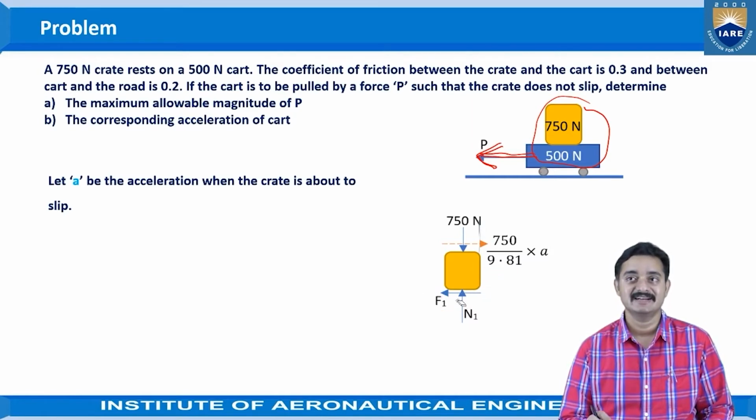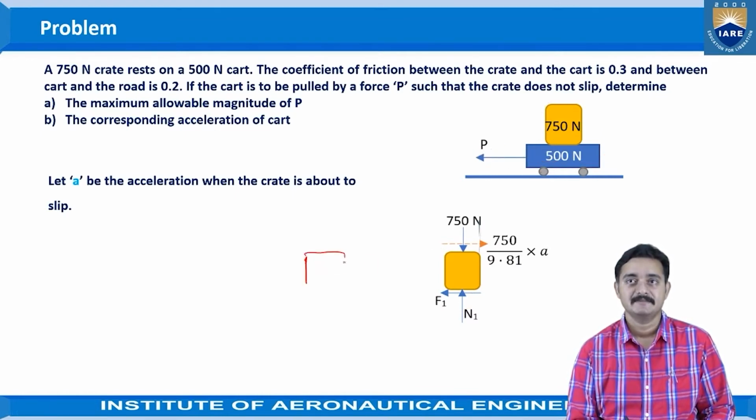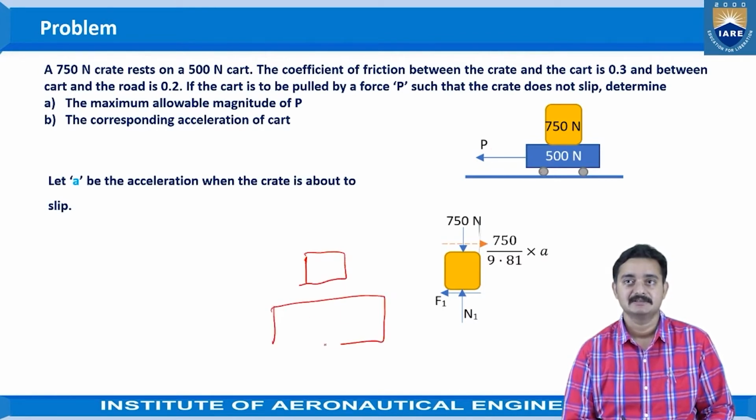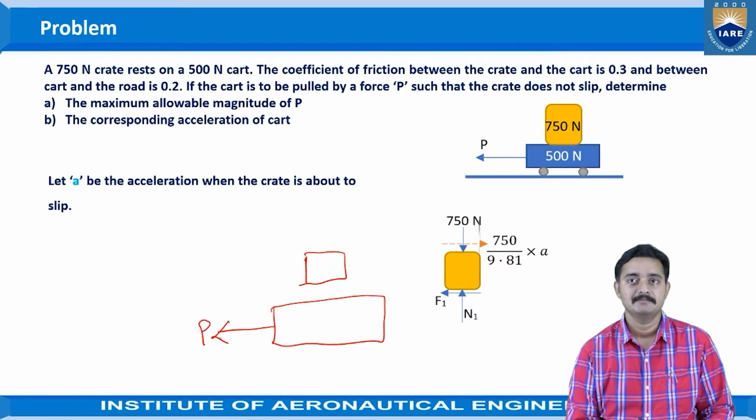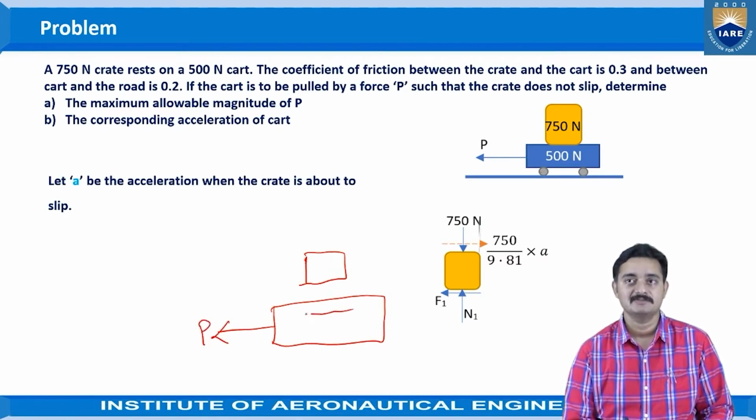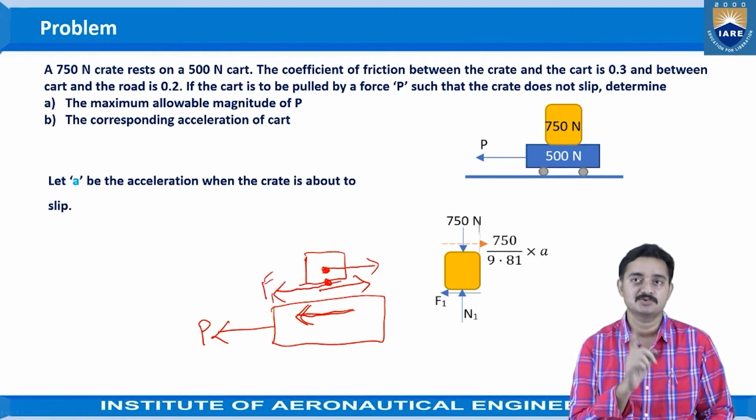Because the crate and the cart are being pulled by force P, so the cart is moving towards the left side, and the crate will try to slip towards the right side. Hence, the friction will be acting in the opposite direction, so the friction direction is shown towards the left side.